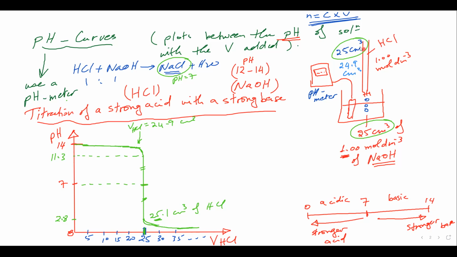But before this 25, by only 0.1, the solution was a base. And after this point, by only 0.1, it became acidic. So to draw this, the pH will drop from the 11 to the 2 or to the 2.5 or whatever. Oh, okay. Thank you, Miss. You're welcome, dear.